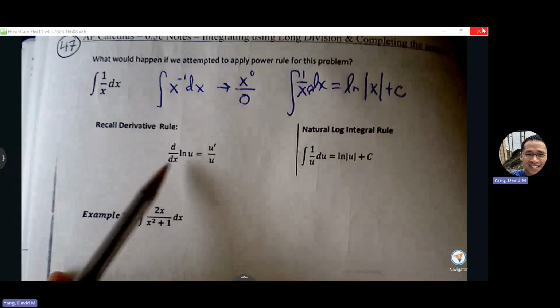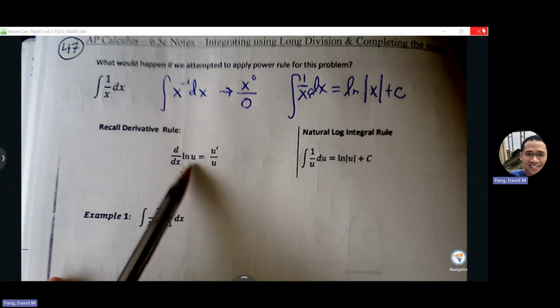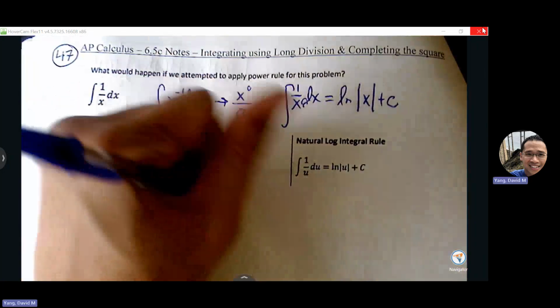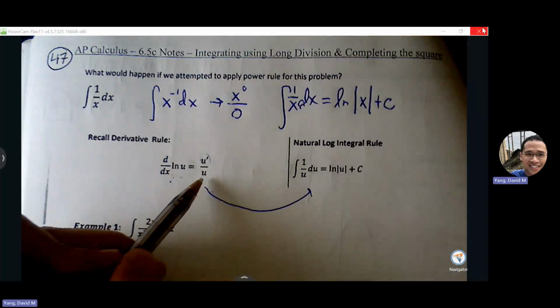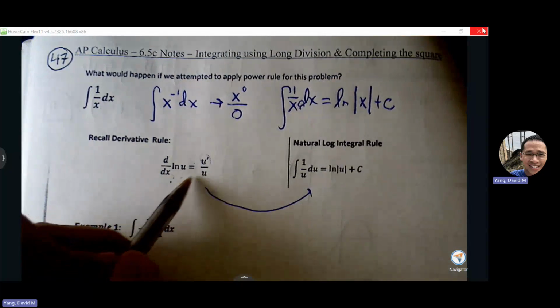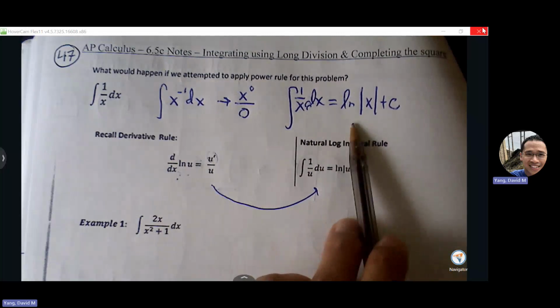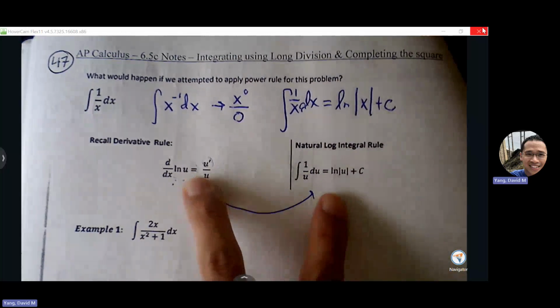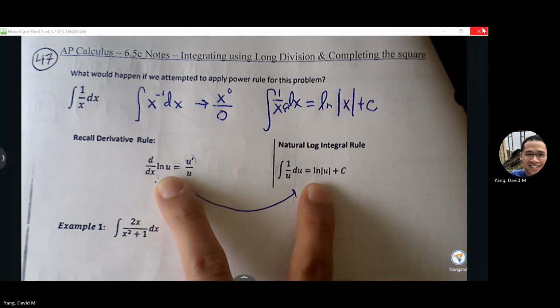Now, if you recall, we do have a derivative rule that says the derivative of natural log of u is u prime over u. So if we undo this process, ignoring that u prime, the integral of 1 over u is just natural log of u. So I know this is a workaround for power rule, but this is also a reverse of the derivative for natural logs.